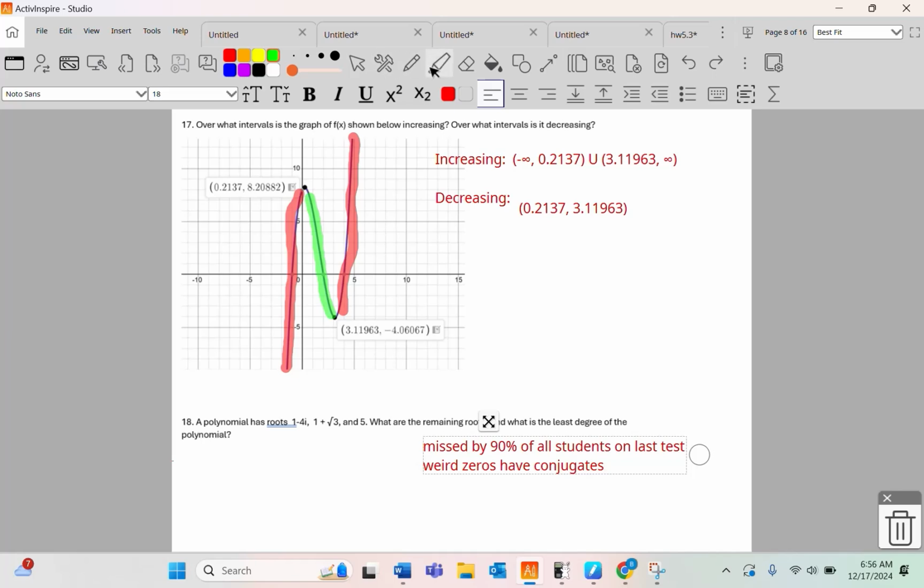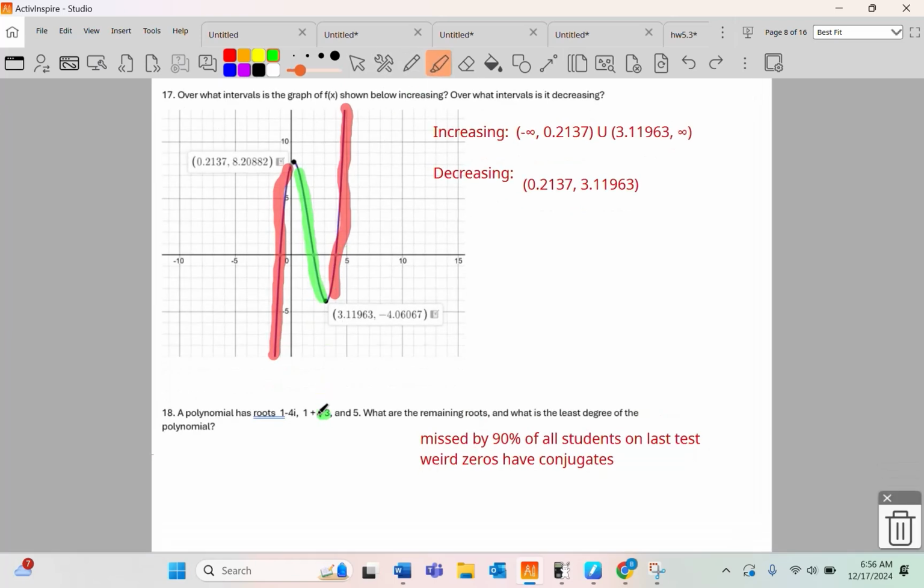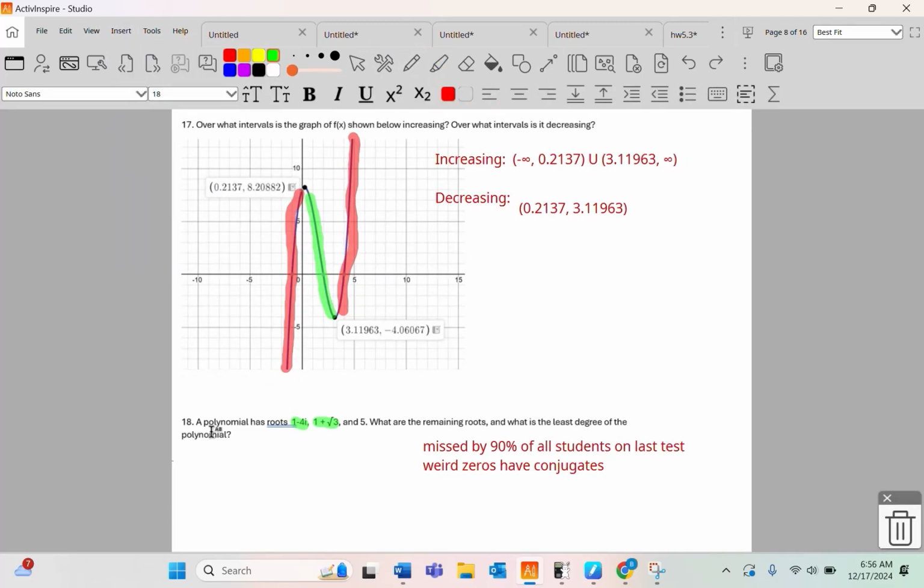So my weird zeros, if I scan through this guy or this guy and this guy, they're weird because one of them is imaginary and one of them is irrational. So if 1 minus 4i is a 0, so is its conjugate, which is 1 plus 4i.